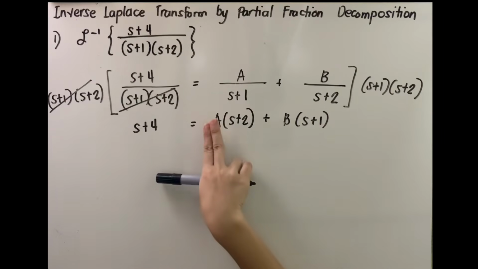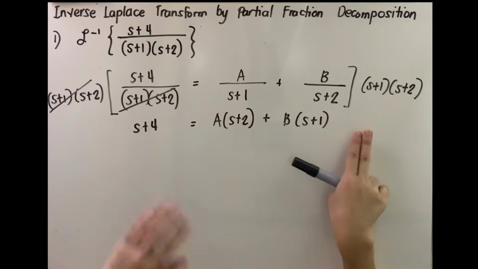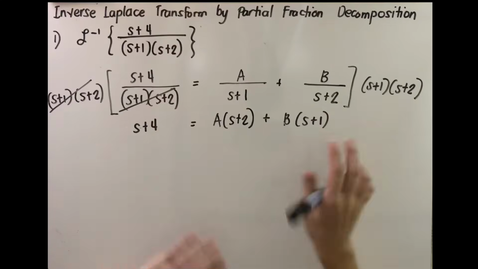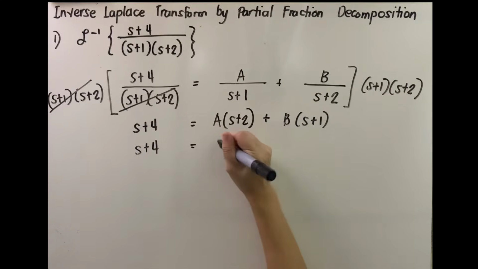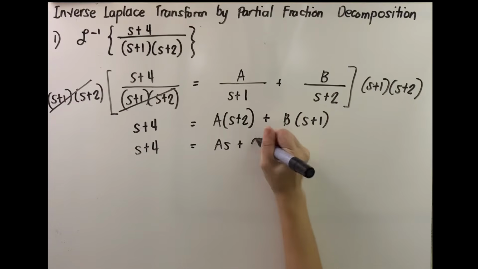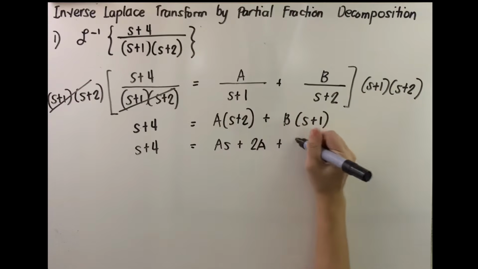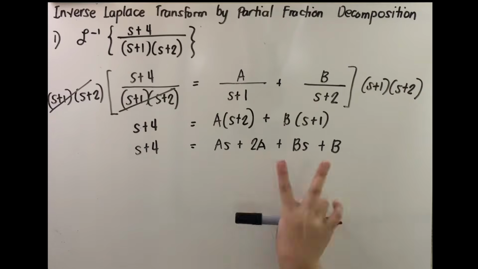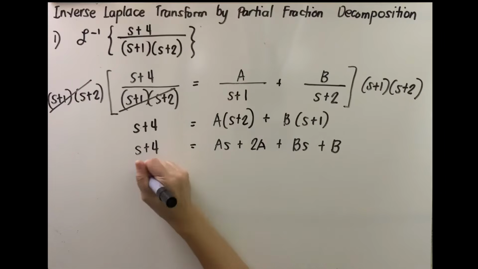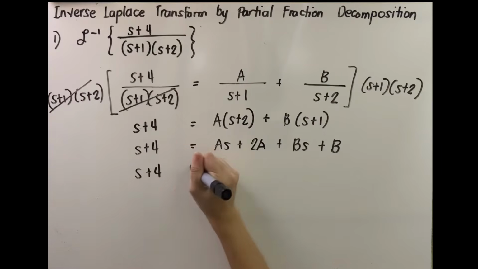After this, we are going to expand the right side of the equation. We will not do anything on the left-hand side, so it will remain the same as s + 4. We expand this as As + 2A + Bs + B. Afterwards, we group similar terms. Remember, A and B are constants.